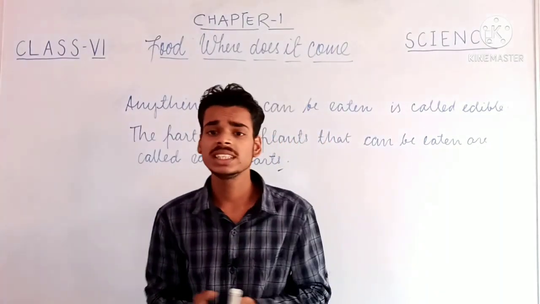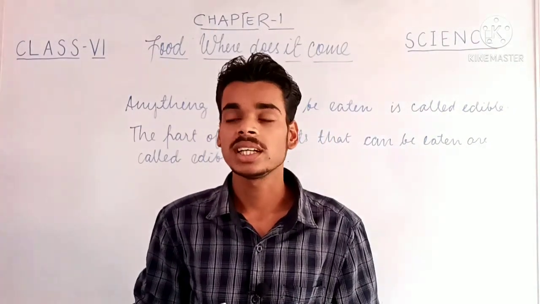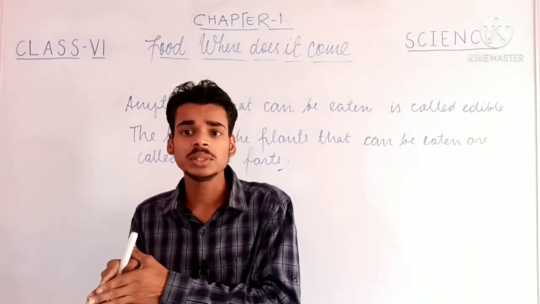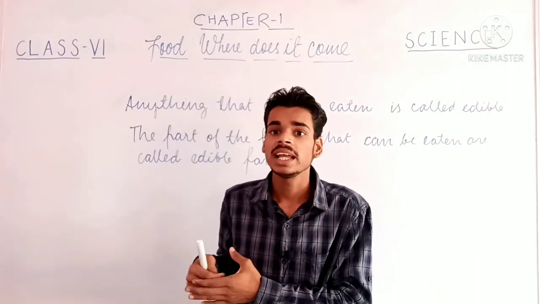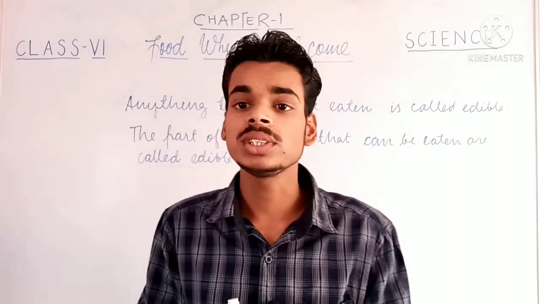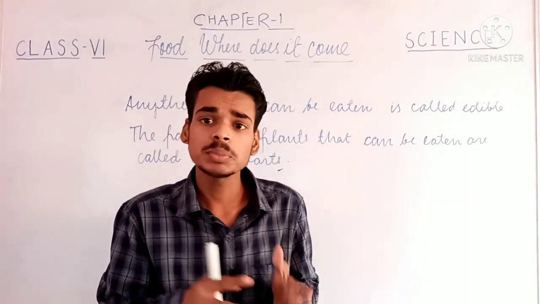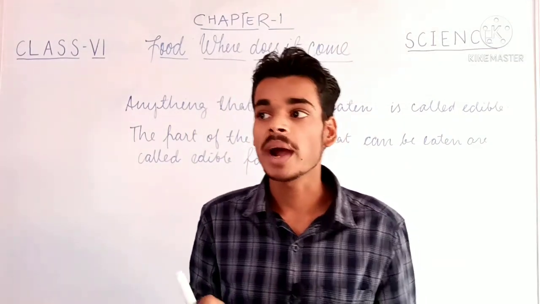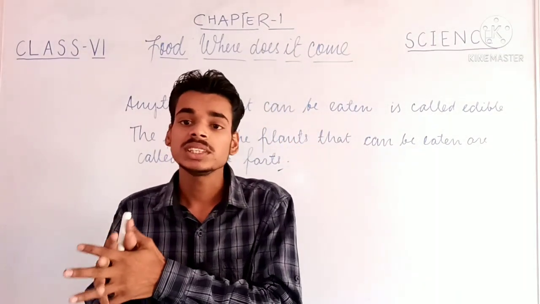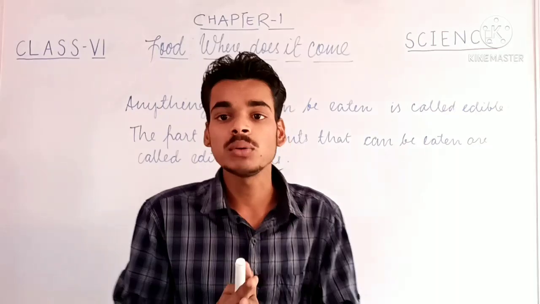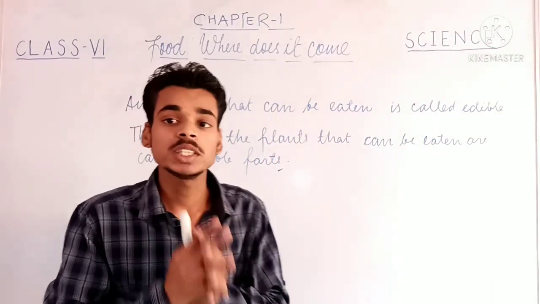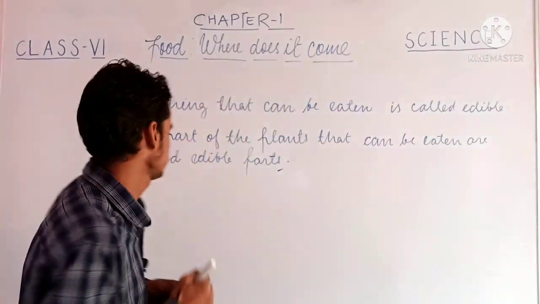So you have seen moong or chana. When moong or chana is dipped in water overnight, then in the morning you see that sprouts develop in it. So what are sprouts? The white structure that develops in the seed is called a sprout, and the seeds that have sprouts are called sprouted.